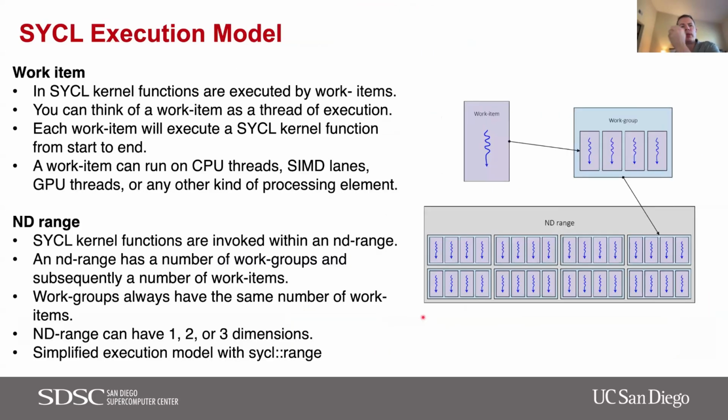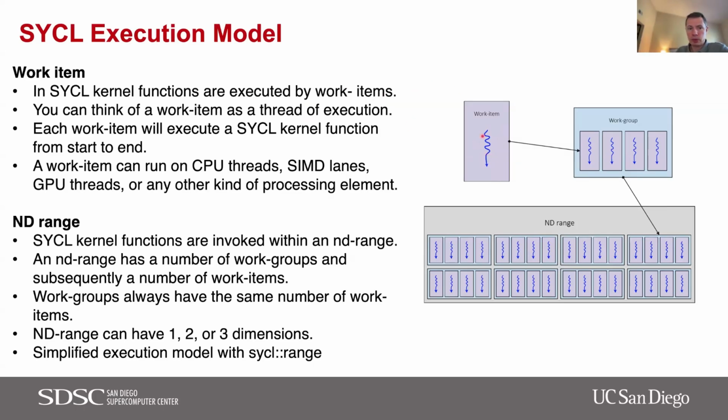Finally, the last few things I want to mention is the execution model. It's in principle similar to what we know from CUDA or HIP. We have these work items and the ND range that I was talking about. A work item is basically like a single thread.